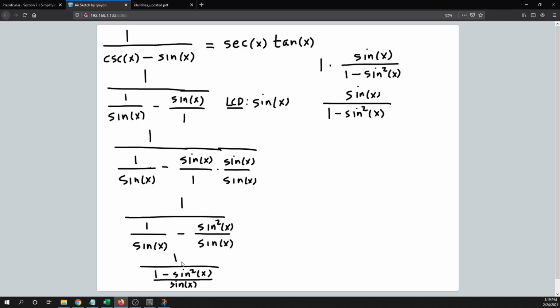Okay, so we got rid of the complex fraction, and here's what we've got. It still doesn't look a whole lot like what we've got here. We want a secant and a tangent. Well, where's that going to come from? The next thing to do would be to take a look at that expression in the bottom. There's not much I can do with sine x by itself, but here I have 1 minus sine squared.